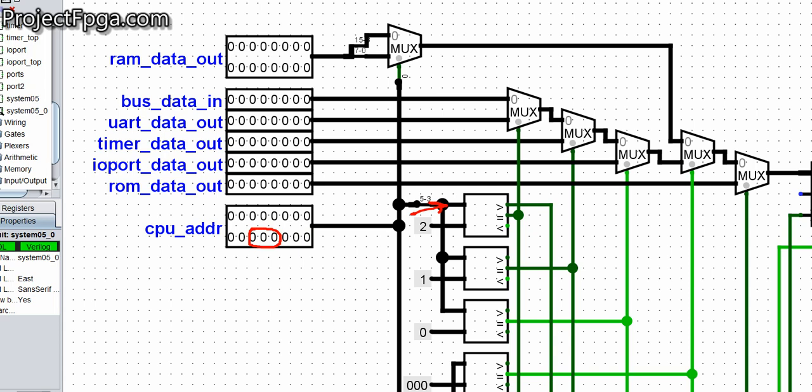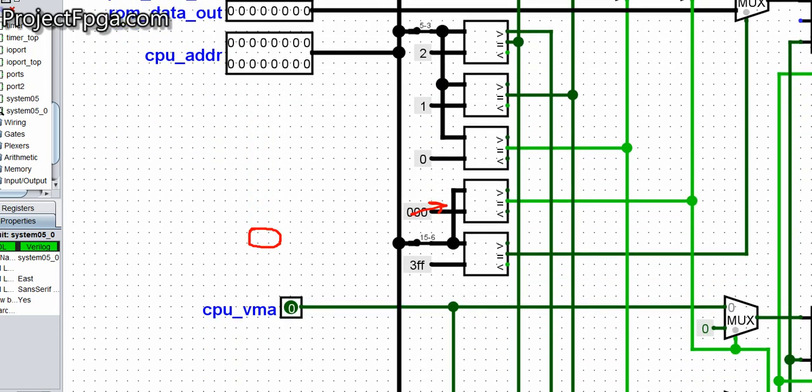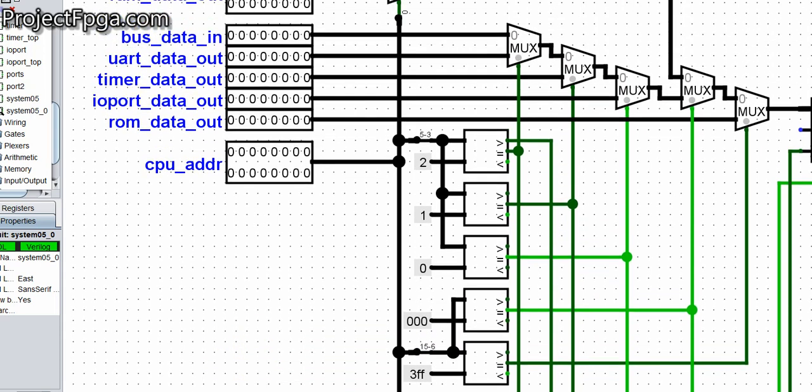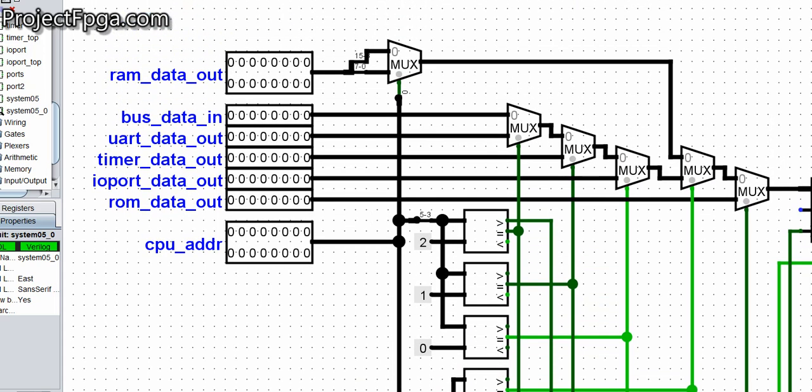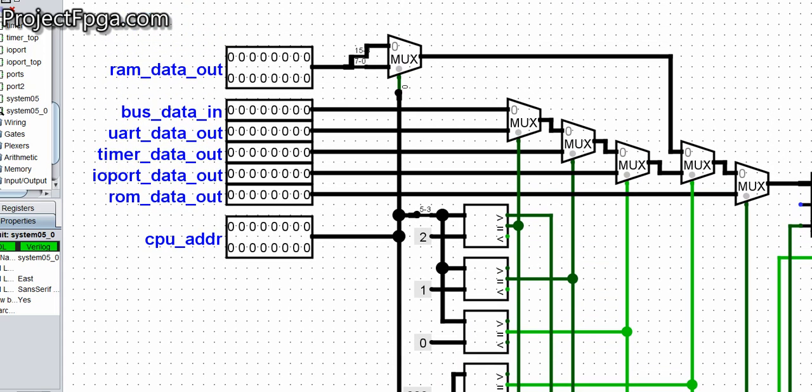Then shortly there, this is another one, bit 15 to 6 goes to these comparators down here also. So all these things mean that in the CPU bus address, each bit goes to a particular part of the bus.